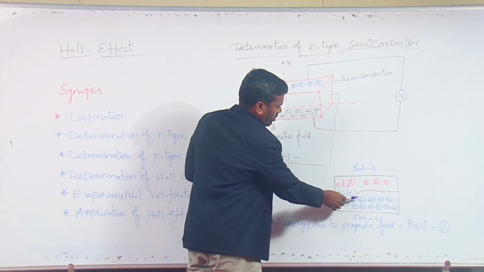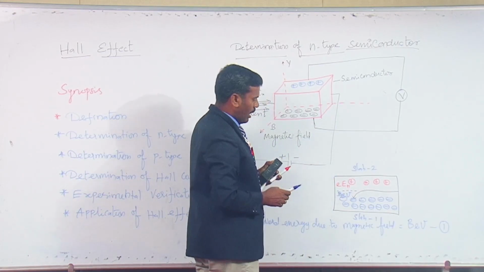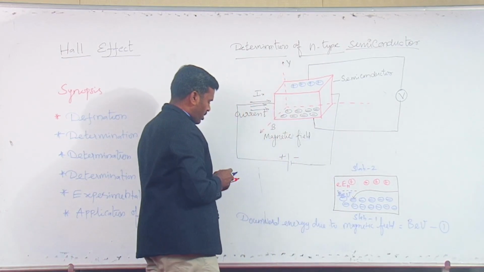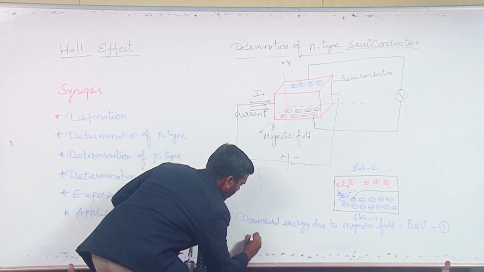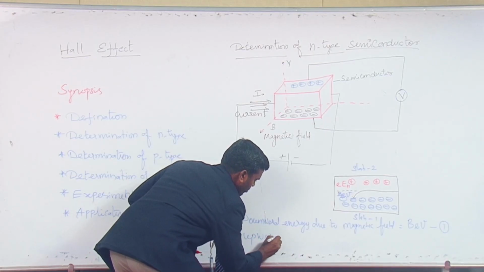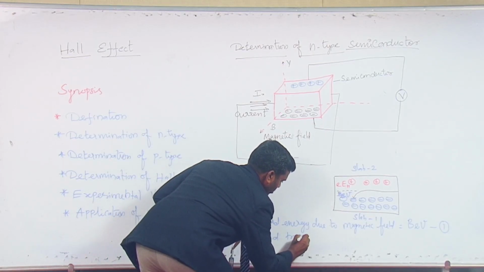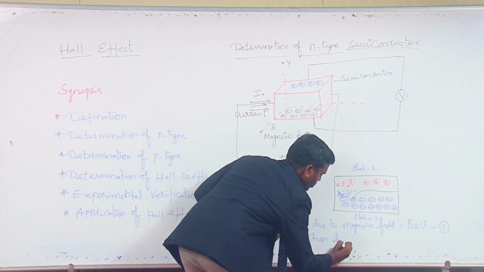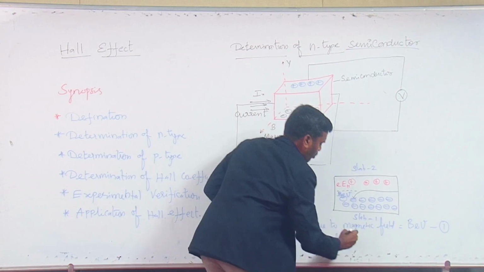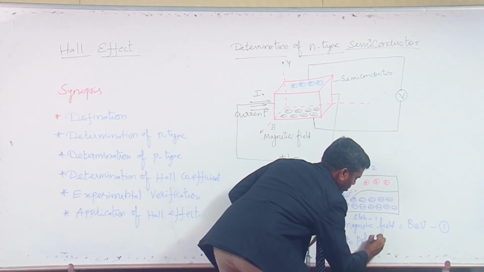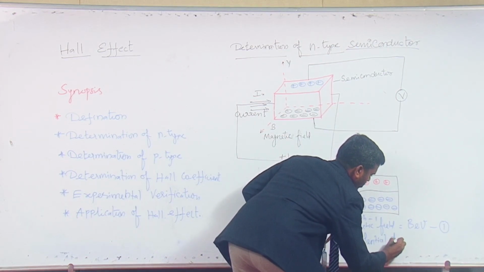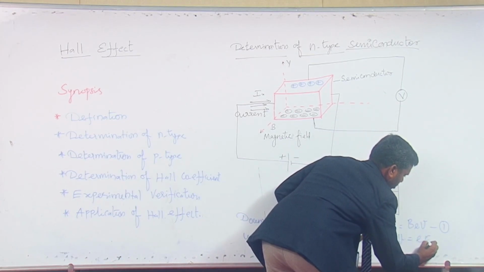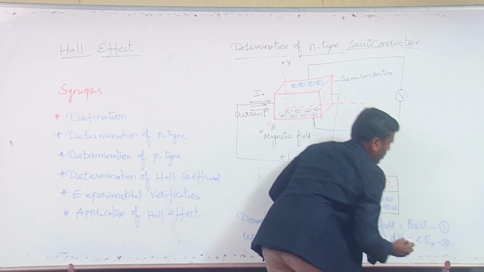Due to the positive and negative charges, the potential difference occurs, and the upward transition energy is eEH. The upward transition is due to the potential difference, which is equal to eEH. This is equation number 2.